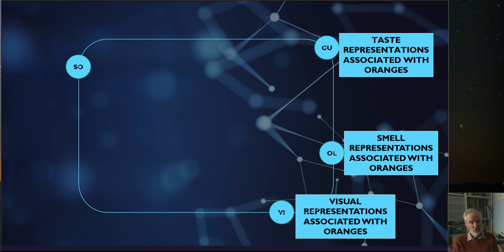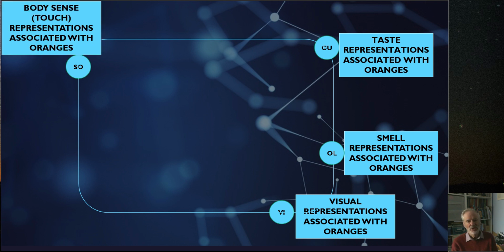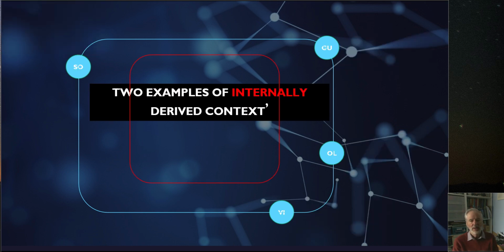And there will be visual representations associated with oranges. Not all oranges are the same colour, so that will be included as you have your continuing experience with oranges. And of course there are touch sensations from the somatosensory sense. There are touch representations associated with oranges, not only touching via your hands but also touching in your mouth.